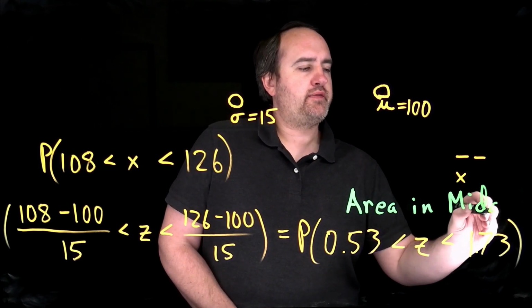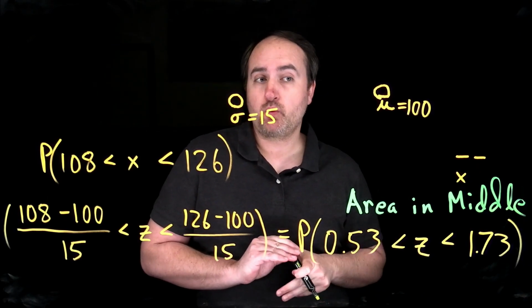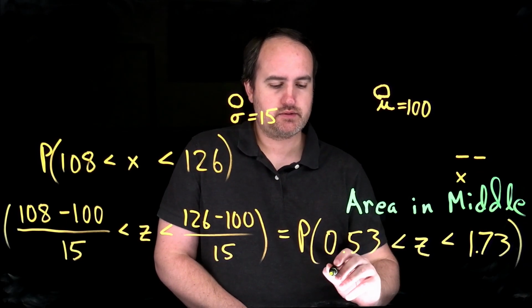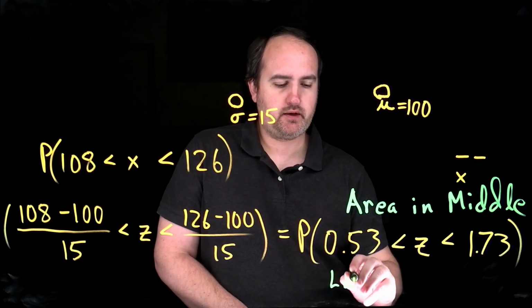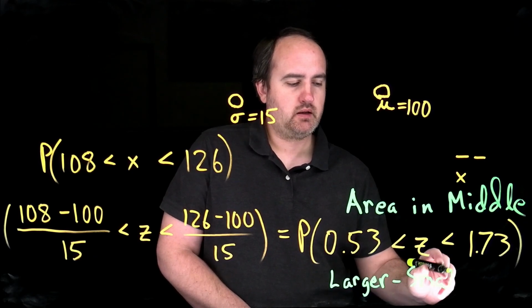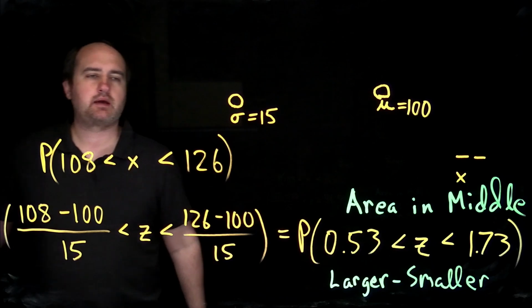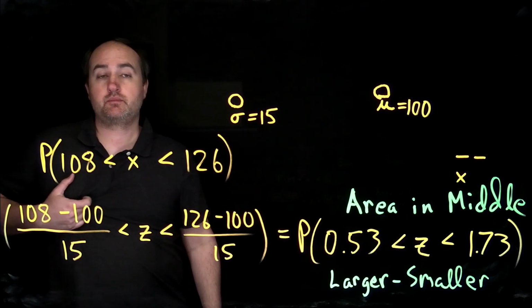And recall that the area in the middle formula that we learned in 6.1 is the larger area minus the smaller area. So that was the easy way of thinking about it. So area in the middle is larger minus smaller.